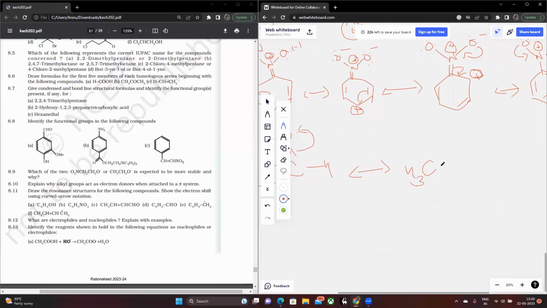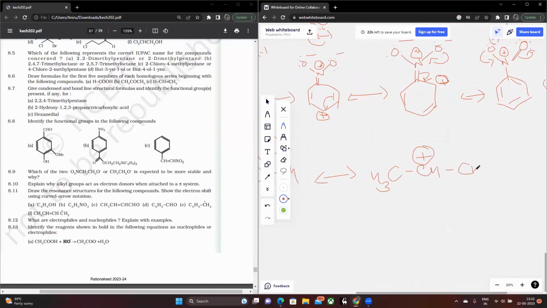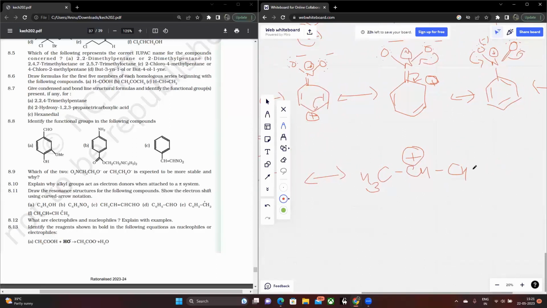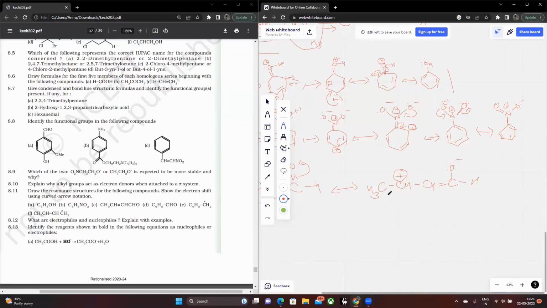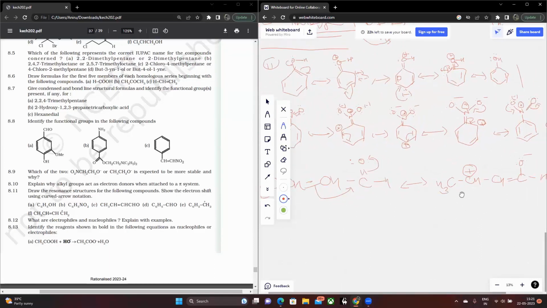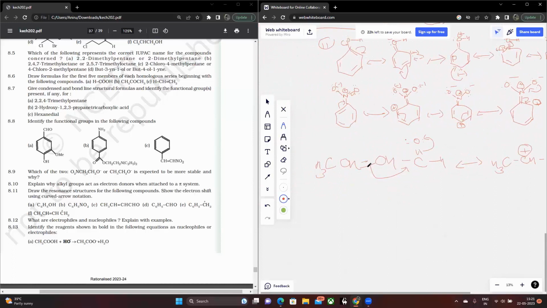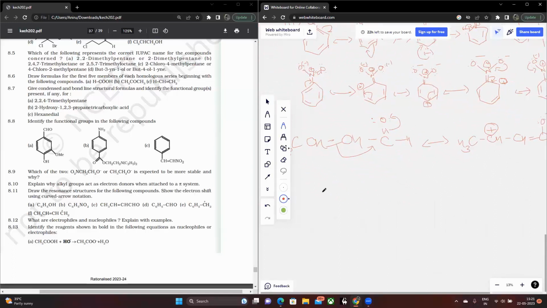So you have CH3, you have a CH plus, CH, double bond C, single bond O minus with 3 lone pairs of electrons, and a CH3 at the edge. Only 2 forms here because there can only be a double bond shift between this and this, right?